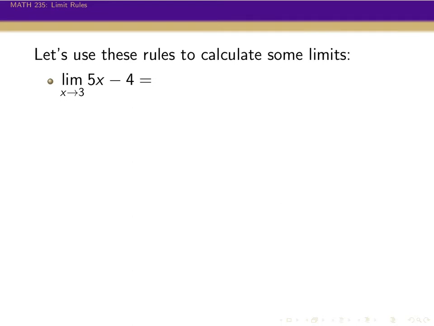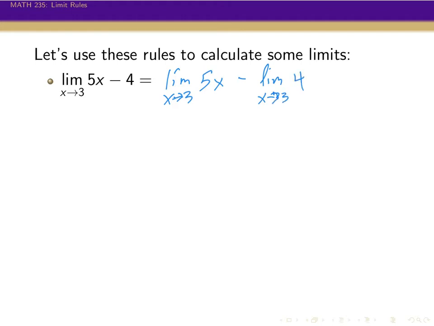So what if we're taking the limit of the function, the line 5x minus 4, as x goes to 3? Well, we've got some subtraction here. And so we could break this down to be the limit as x goes to 3 of 5x minus the limit as x goes to 3 of 4.